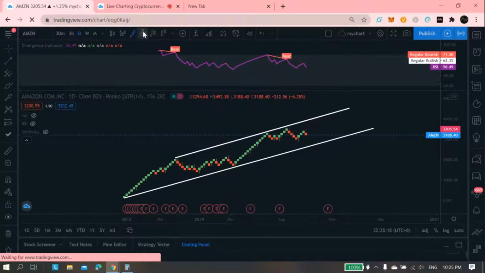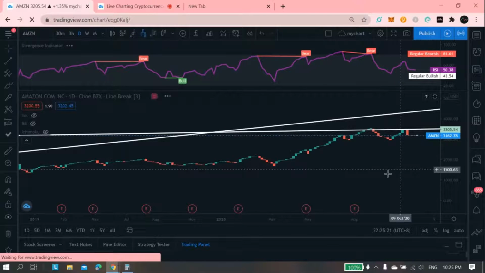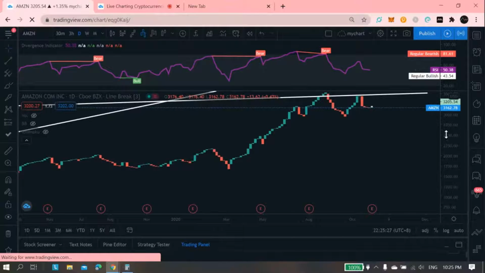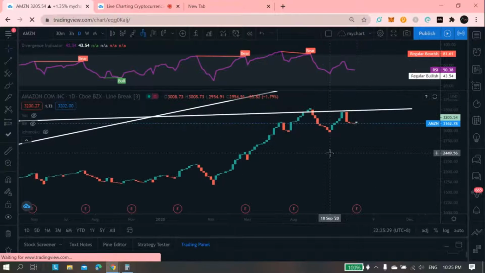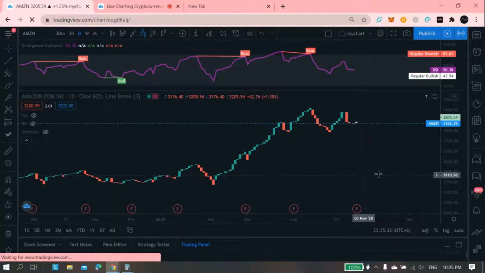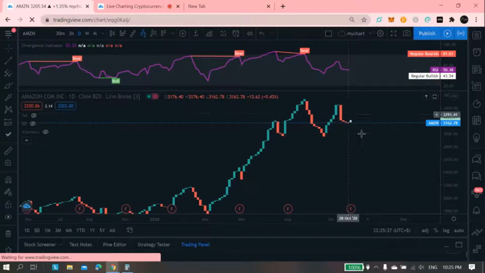Wait, let's check on this one, the line break. Line break is actually a possible bullish.